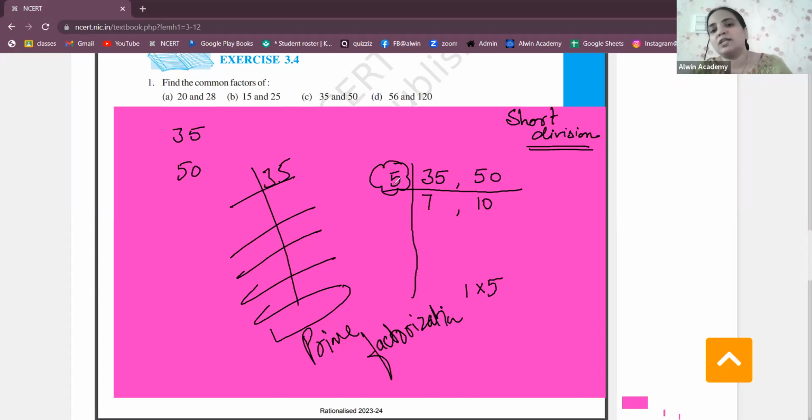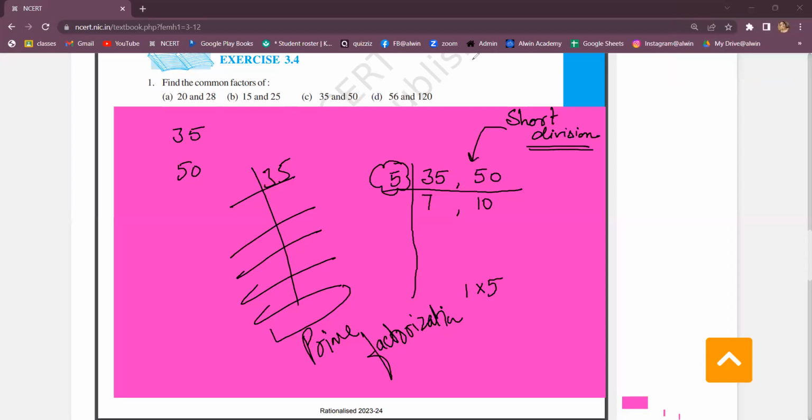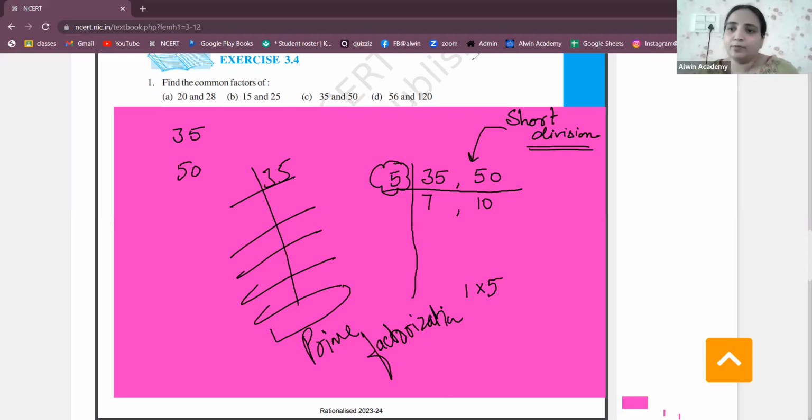With two numbers together, when you do that LCM thing, that is short division method. And there is one more method, long division method. With that, you find the highest common factor, that is HCF. That long division method also I'll tell you. Okay? Got it? Understood the difference in prime factorization and short division method, beta?